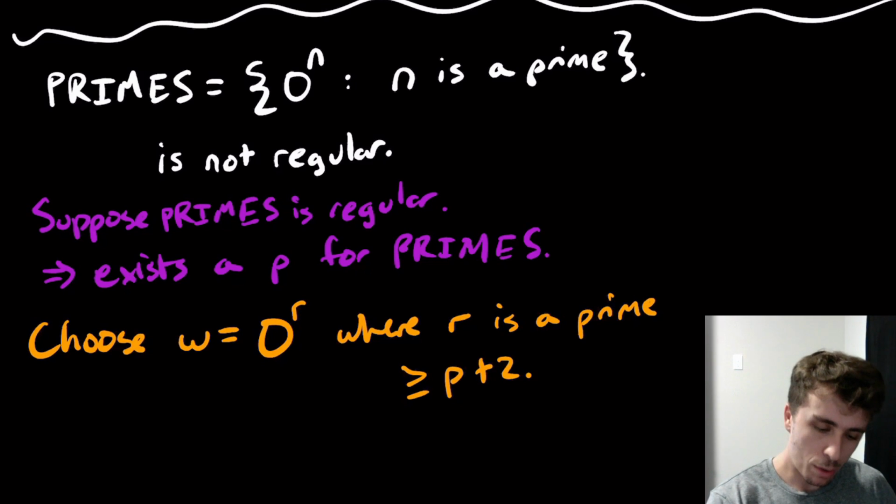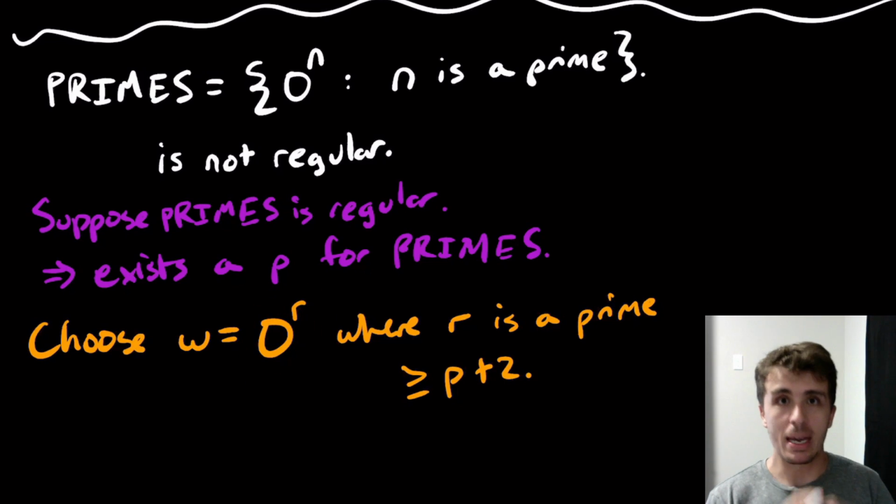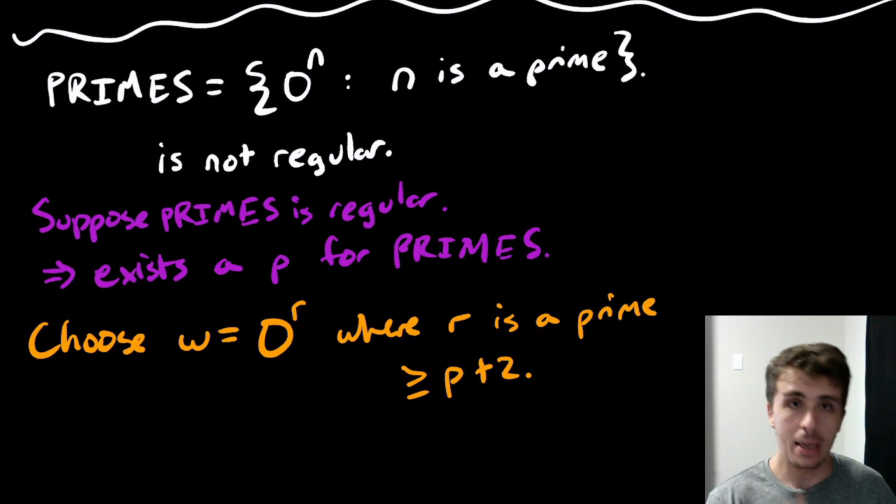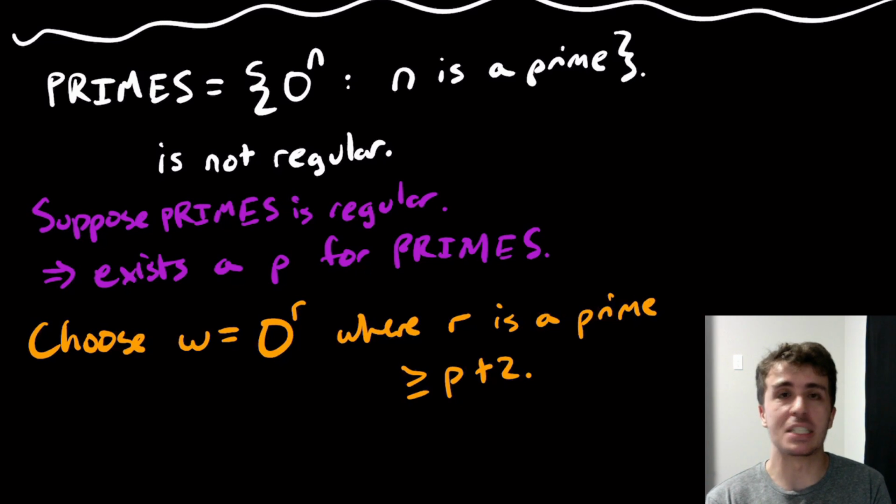Well, we've got to pump this string. We've got to insert additional copies of y such that we hopefully leave the primes language. We get a string that is not prime in length. Well, if I give you a number and I assert to you that it is prime and you don't believe me, how would you convince me it's not prime?